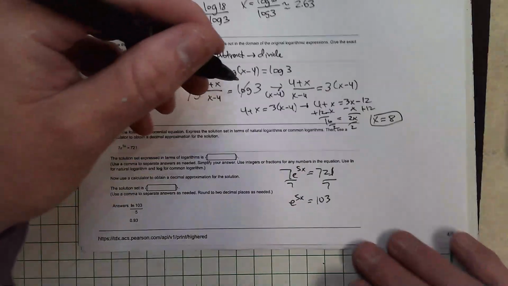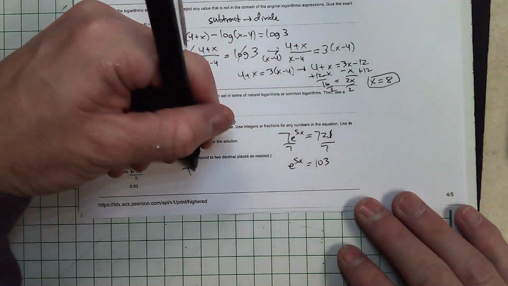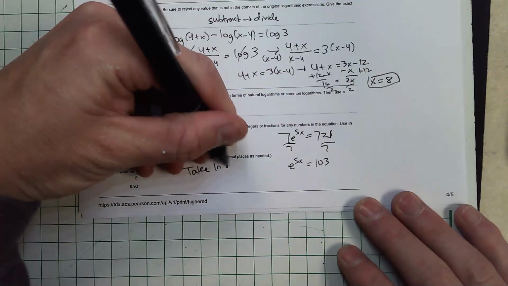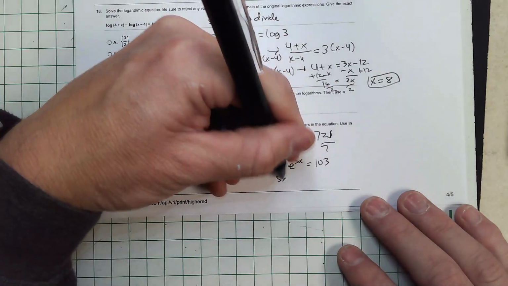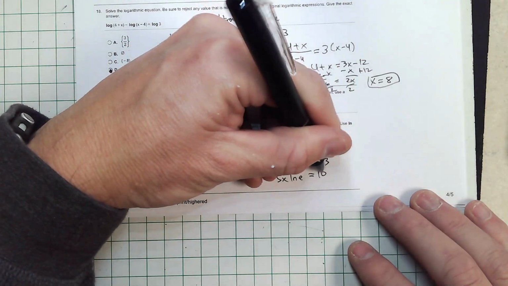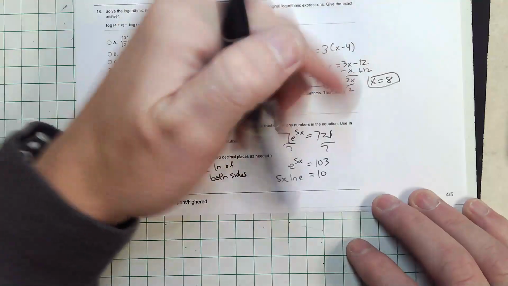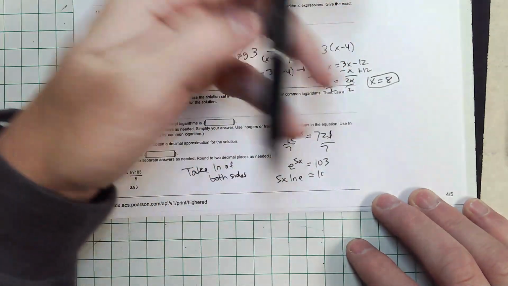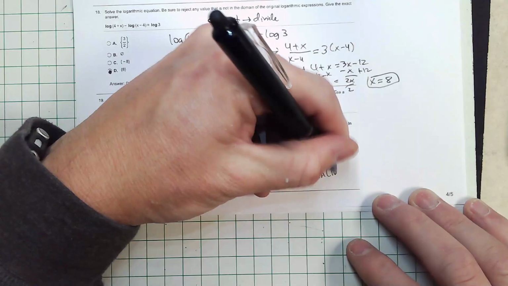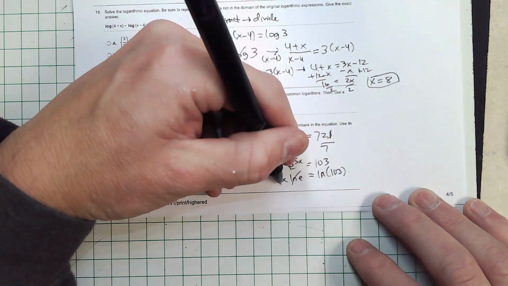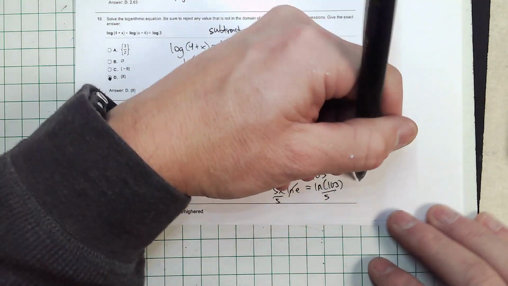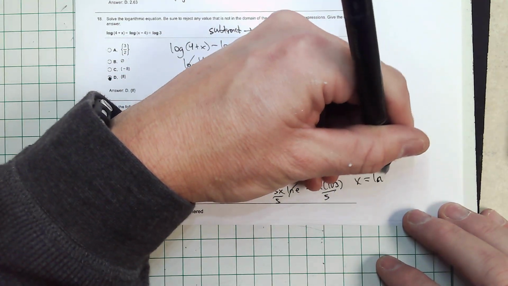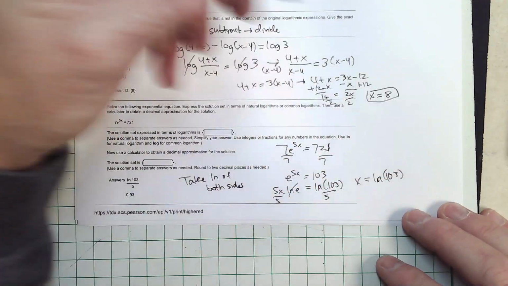Now what I'm going to do is take the ln of both sides. So 5x ln of e equals ln of 103. That cancels, and so you have 5x equals this. So I'm going to divide by 5, divide by 5. x equals ln of 103 divided by 5.